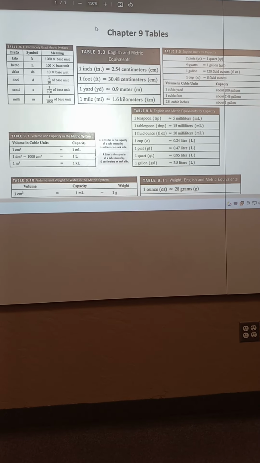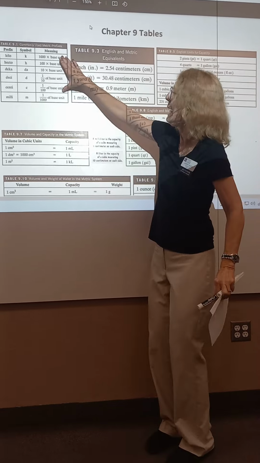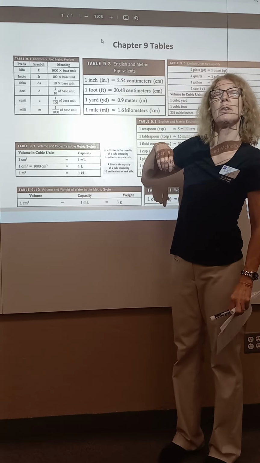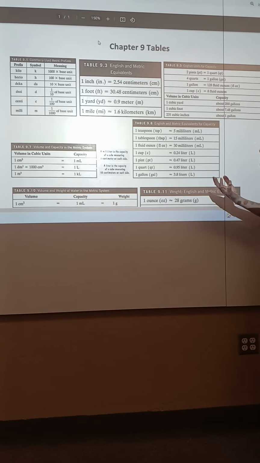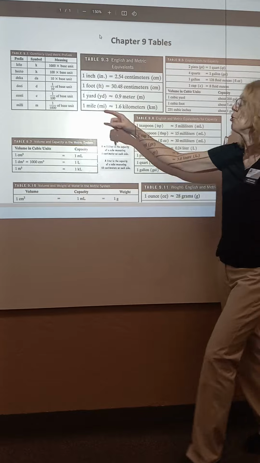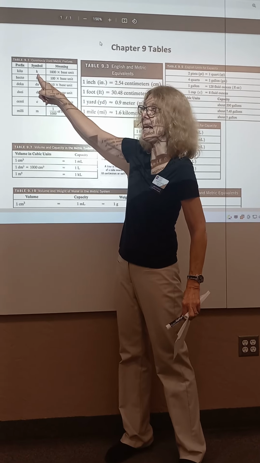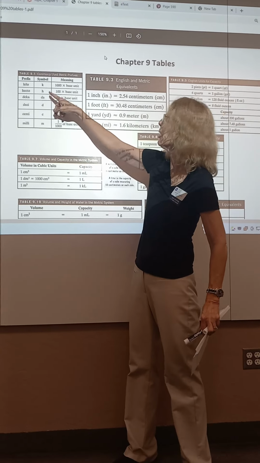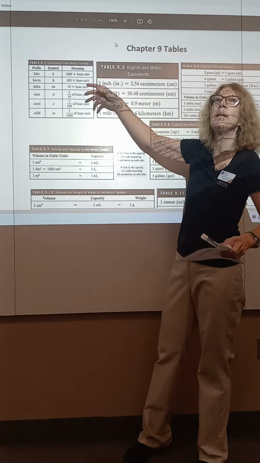On the upper left, I have these cool explanations about what these prefixes mean. So when I see in the metric system a K, that actually stands for the word kilo, and what it means is it's 1,000 times our base unit.